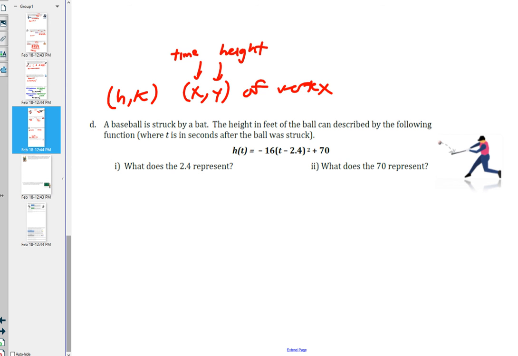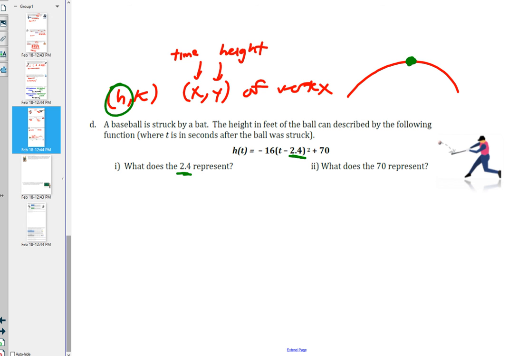Remember that a ball follows projectile motion, which can be described as parabolic. You can also tell by this that since we have a negative out in front, it's an upside down facing parabola. So if the 2.4 is acting as the h, and the h is just the x of the vertex, what is the x coordinate representing? Yes, good.